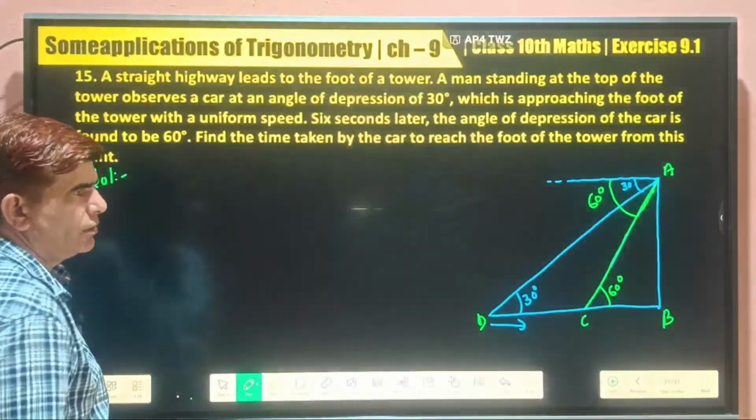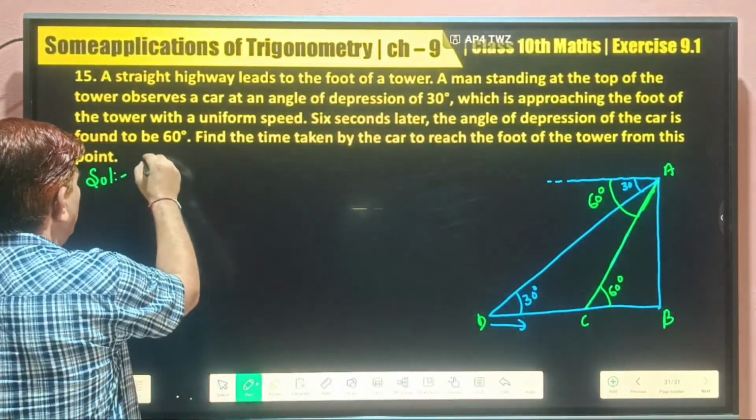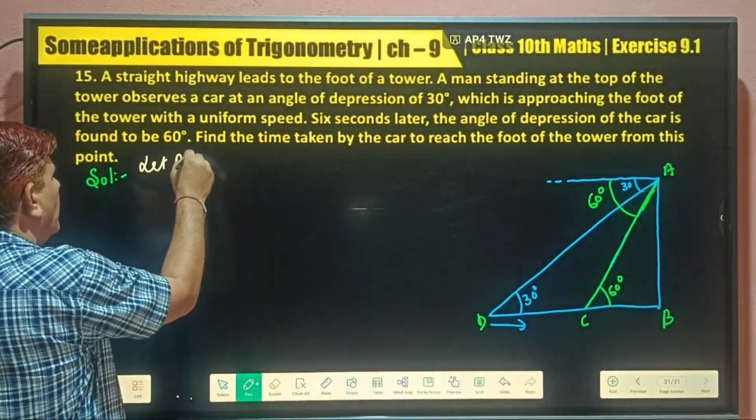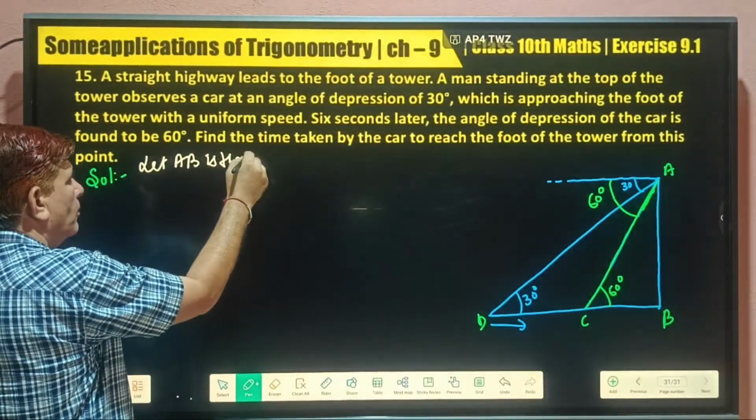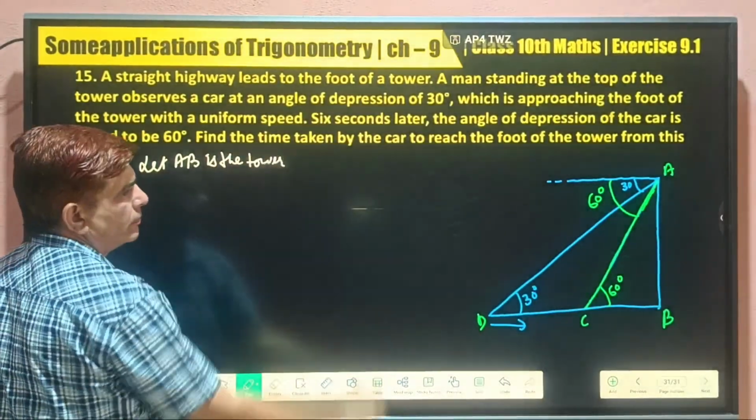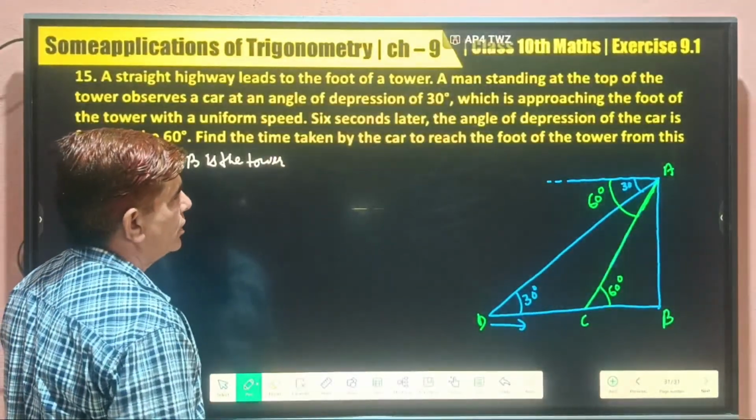Very important question. Let AB be the tower. Understood?